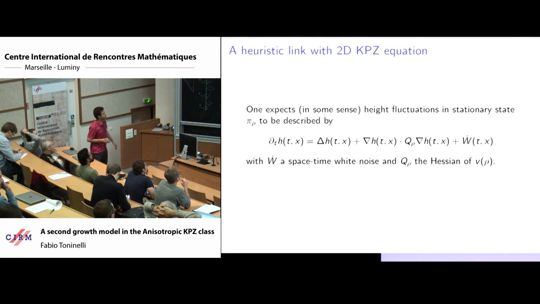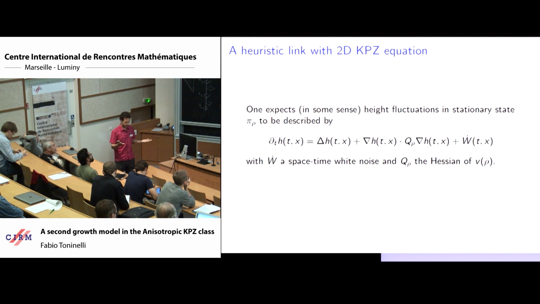I guess I have 5 minutes or something like that? Yes, 7, good. So in 7 minutes, I will make at least a heuristic link with the 2D KPZ equation. Look at your evolution starting from a stationary state of slope rho.